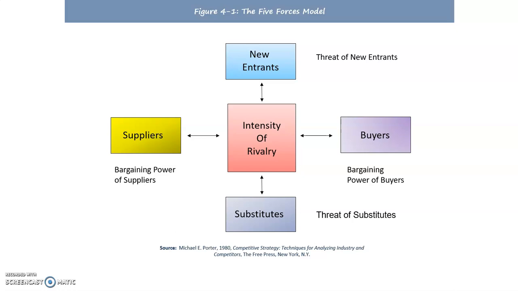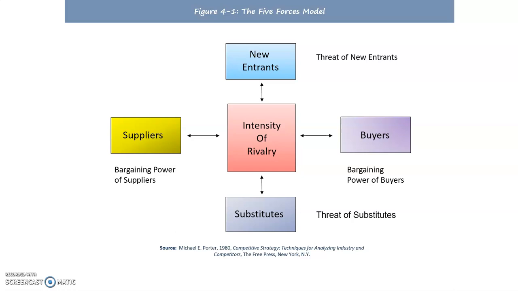If you look at the other two, at the top the new entrants, and at the bottom substitutes, these are somewhat similar to the way suppliers and buyers are. The threat of substitutes means that if you are in this market or considering entering it, you ask what the substitutes are for whatever is being produced.